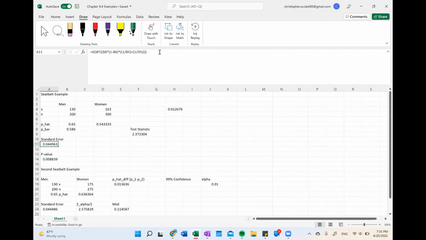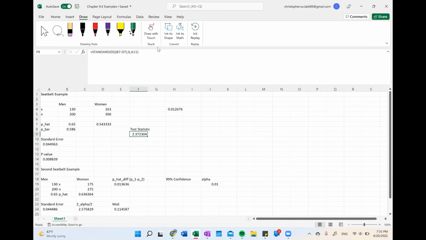The standard error is P bar, so this B8, times 1 minus P bar, which is our Q bar. So we did 1 minus B8, which shows up again. And then times 1 divided by 200 plus 1 divided by 300, and all of that is under the square root. And that gives us a nice standard error of 0.045.